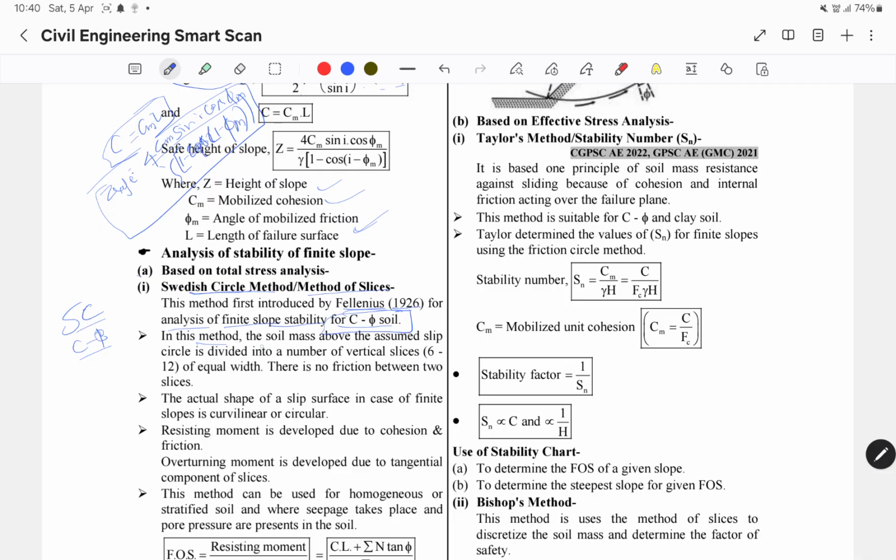In this method, the soil mass above the assumed slip circle is divided into a number of vertical slices, 6 to 12, of equal width. There is no friction between two slices.